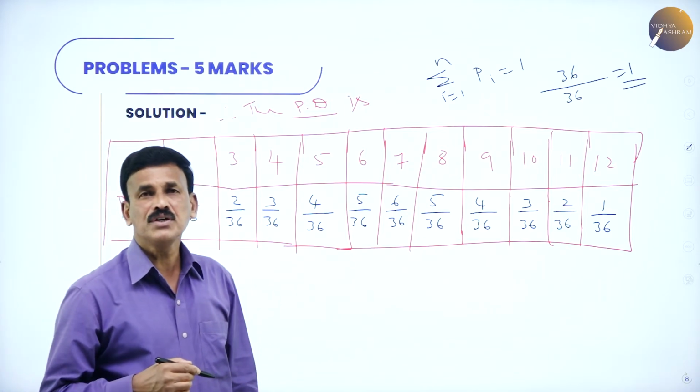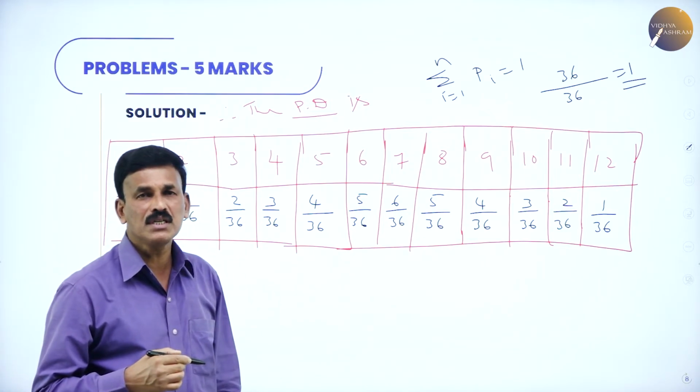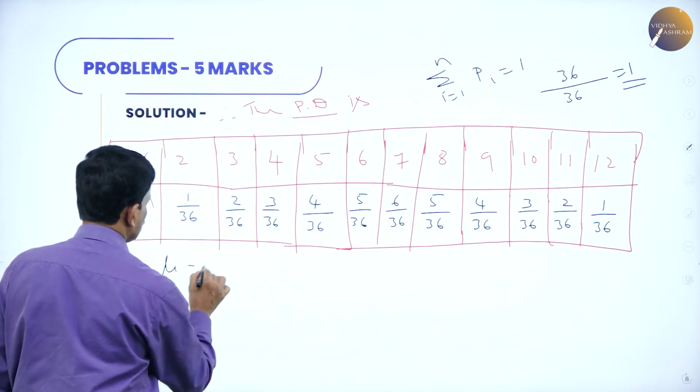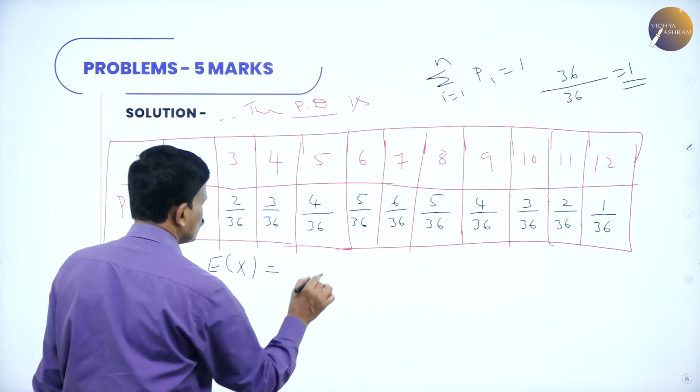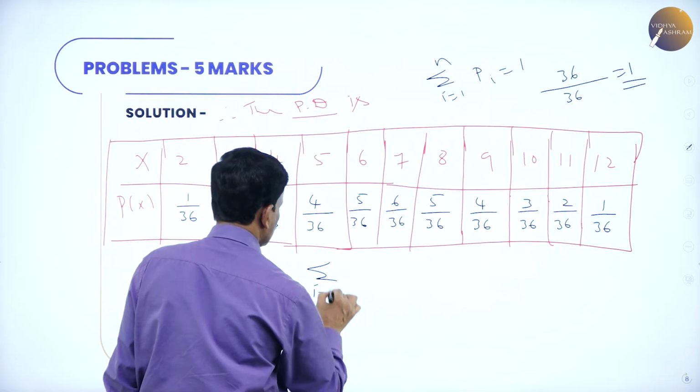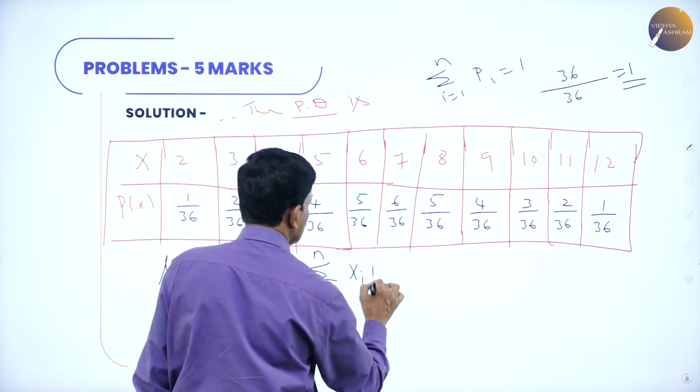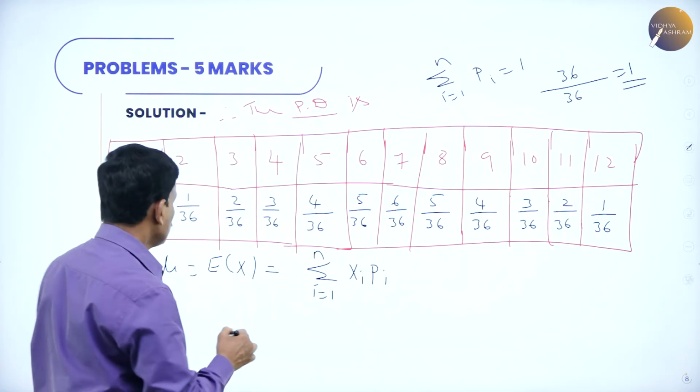Now find out mu. Mu is nothing but E of X. So mu is equal to E of X is equal to sigma i is equal to 1 to n, xi into pi. Now just multiply and simplify.